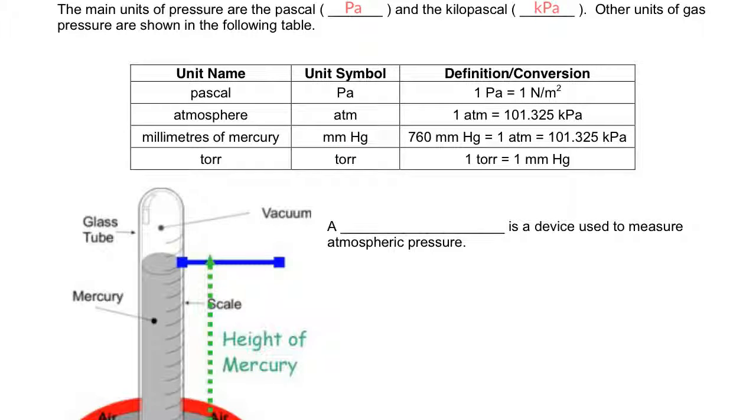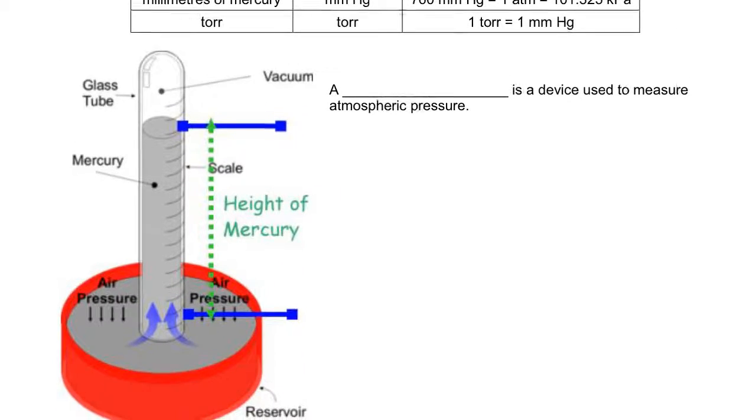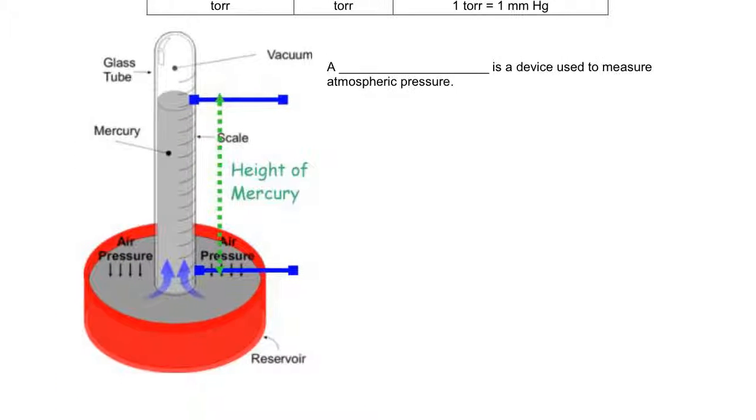And I just want to spend some time talking about that, millimeters of mercury, when I refer to this device over here. This device was the first way of measuring air pressure, and it's called a barometer.